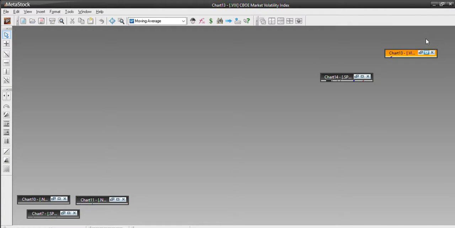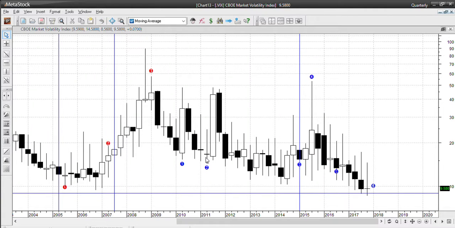Let's see what happened from point number 2 when there was a similar doji candle. See, 2 and 6 are similar. So from 2, the next quarter was a white candle in VIX. That means volatility increased a lot.